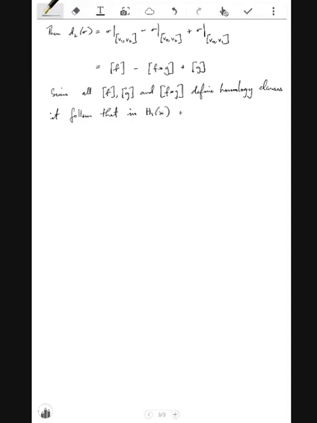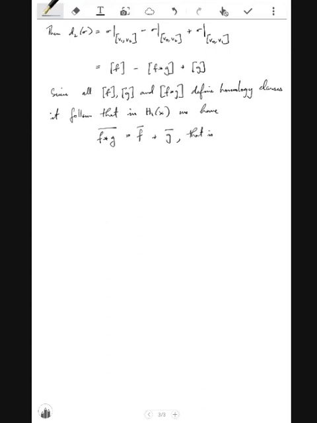So since all f, g and f star g define homology classes, it follows that in H1(X) we have the class of f star g is equal to the class of f plus the class of g.